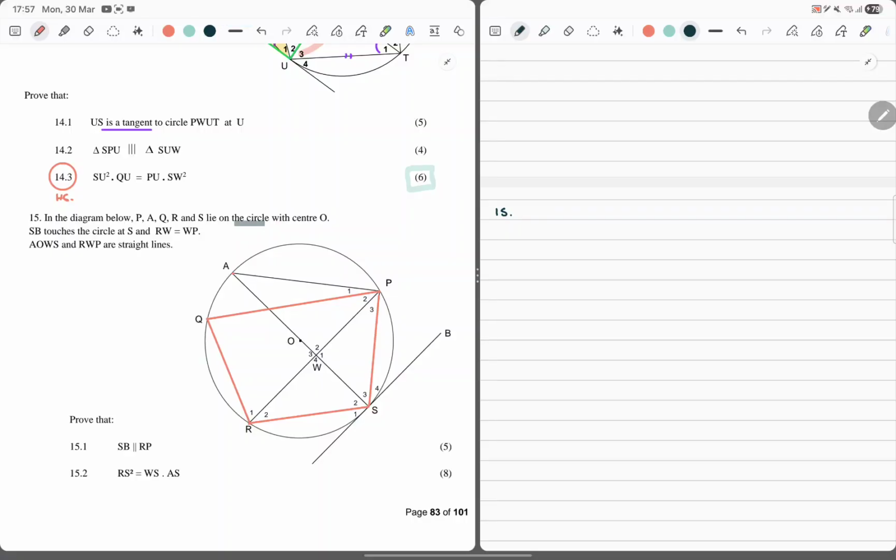And of course, we're told O is the center of the circle. So if O is the center, what do we know? Okay, we know that AOS becomes the diameter. So what do we know about a diameter? It subtends a right angle at the circumference. Now we're also told that SB touches the circle at S. What do we know?